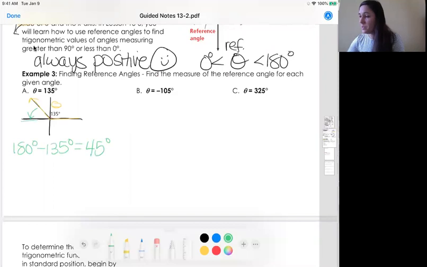All right, how about B? For B, I am going to start by doing a sketch. So I'm going to sketch my axes. We've got a negative 105. So I'm going to start my rotation of my angle. Oh, by the way, the initial side is always there.